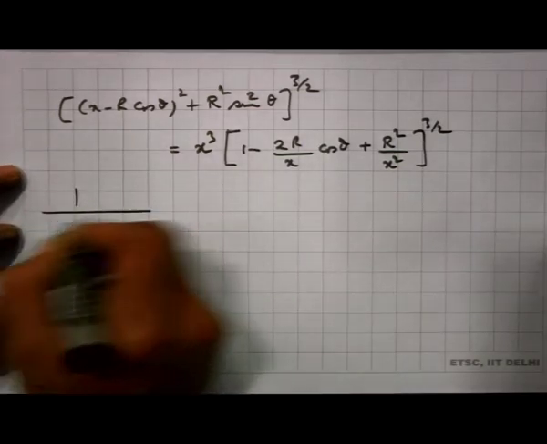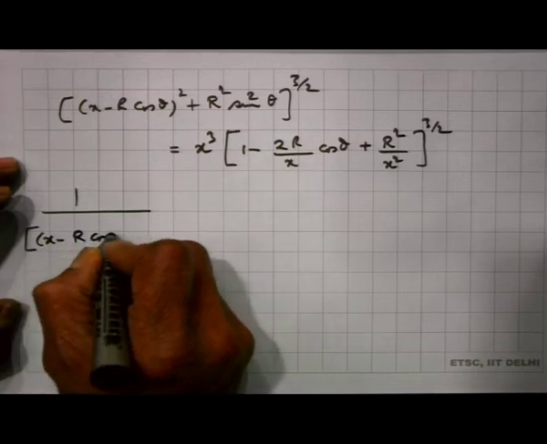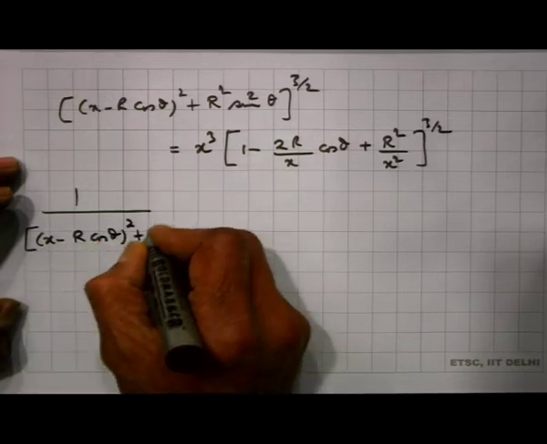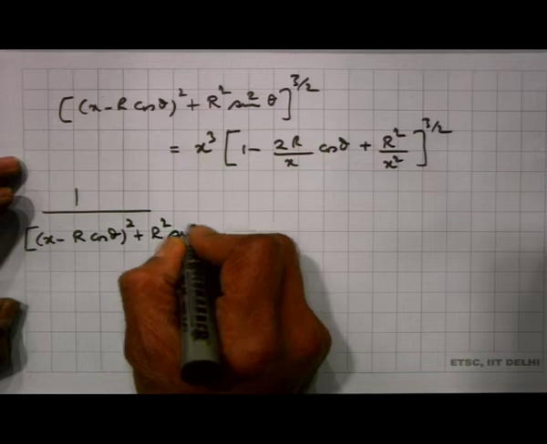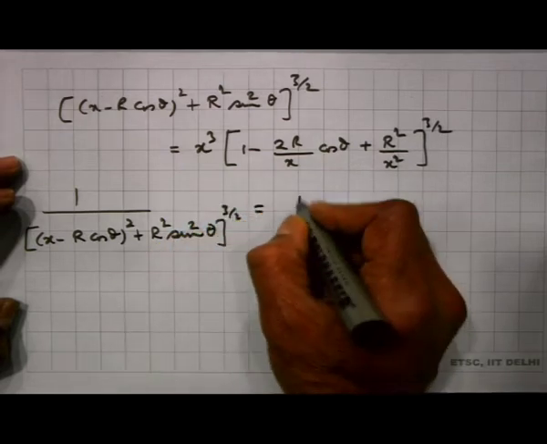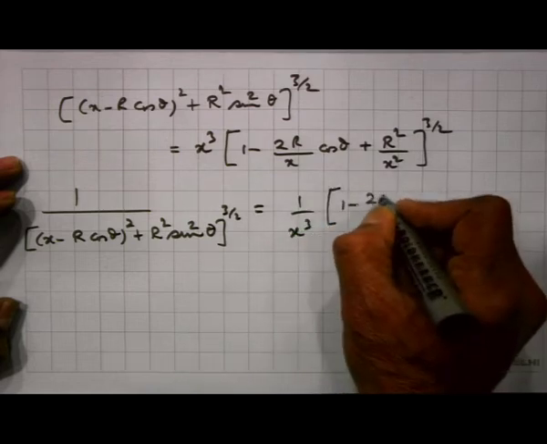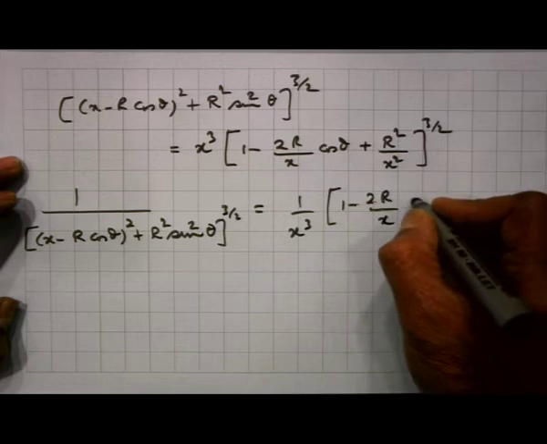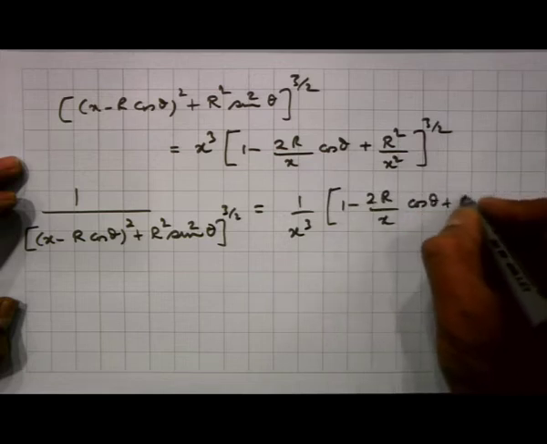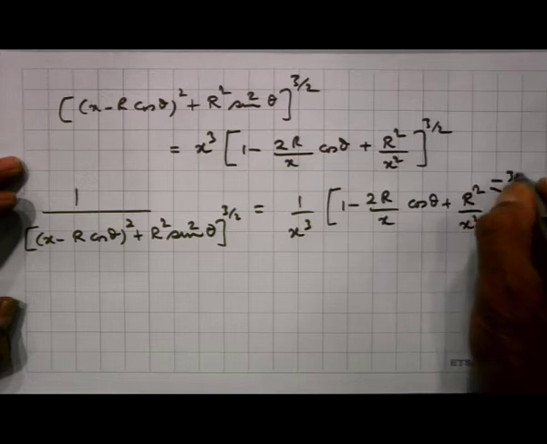So, 1 divided by this expression, x minus r cos theta whole square plus r square sin square theta raised to the power 3 by 2, is equal to 1 by x cube into 1 minus 2 r by x cos theta plus r square by x square raised to the power minus 3 by 2.